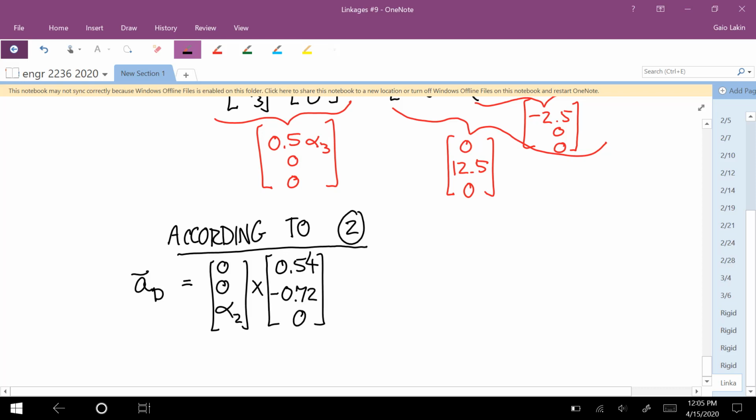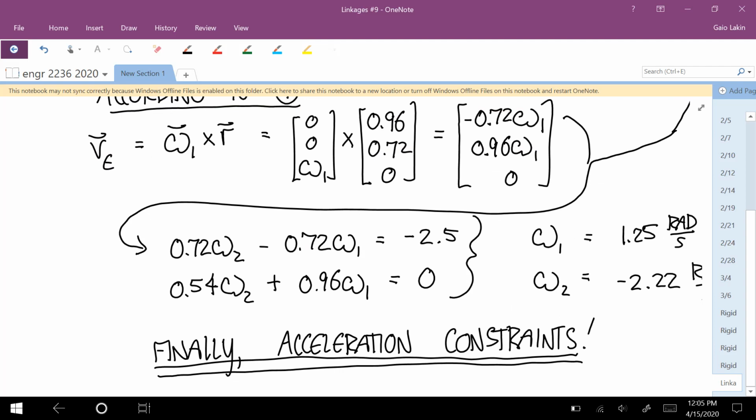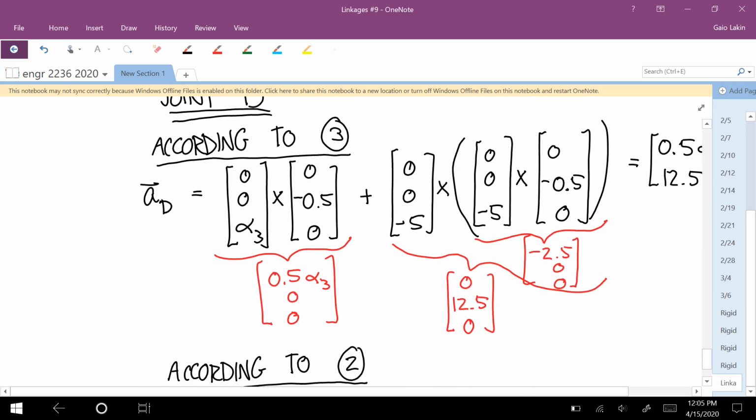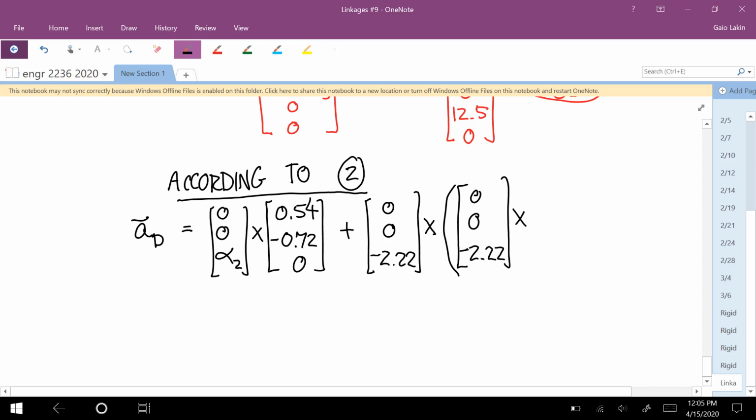Plus omega cross omega cross r. Body 2 has an omega of negative 2.22, so 0, 0, negative 2.22 crossed with 0, 0, negative 2.22 crossed with the r vector.